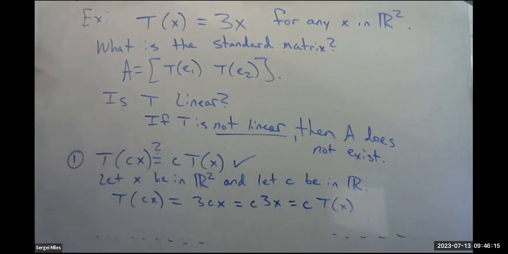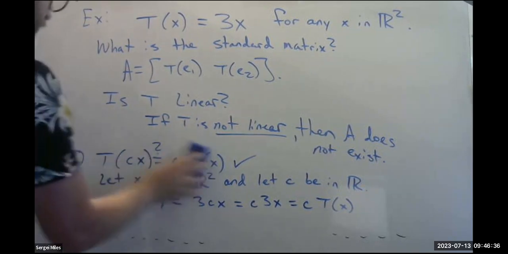I'm not going to pick a specific example, because what if it just happens to work for that one, but it doesn't work for others, right? So we have to leave this x arbitrary. And for the same reason, this constant has to be left arbitrary. So this shows the first property of linearity holds. Okay, good. Now what?